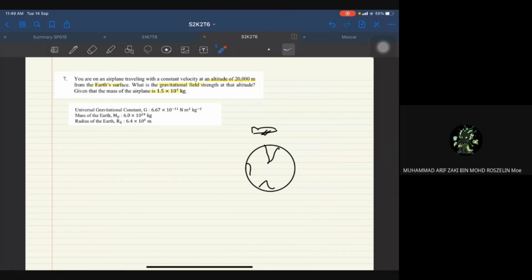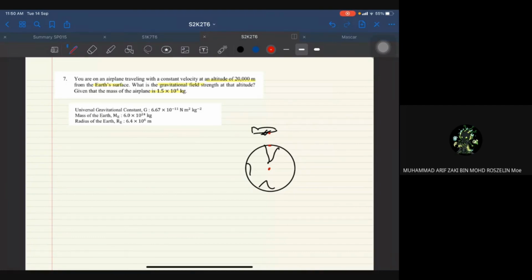From plane to Earth. Macam mana? Altitude of 20,000. So dia daripada mana ke mana? Adakah dia daripada center ataupun daripada surface ke aeroplane? Surface ke aeroplane.